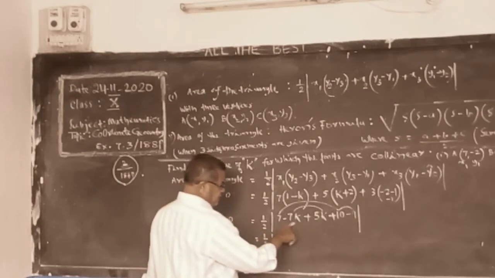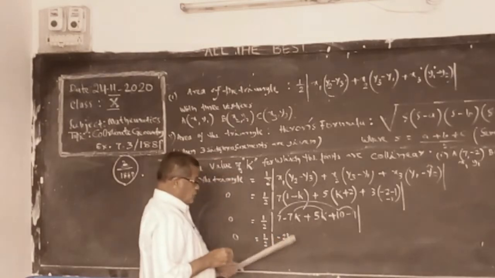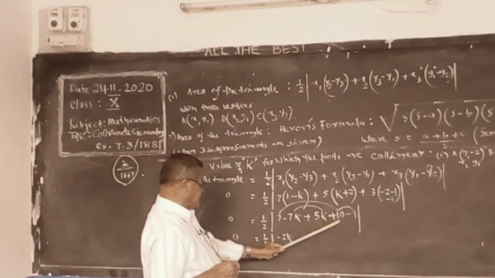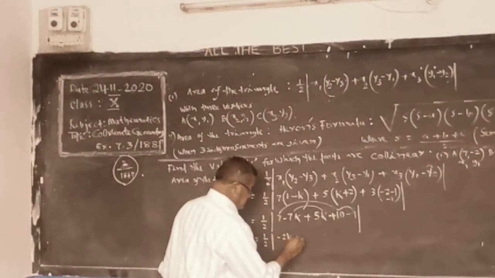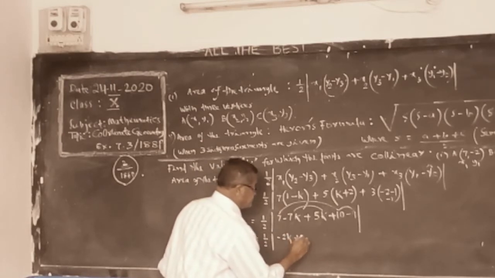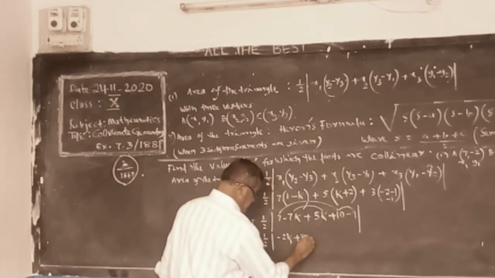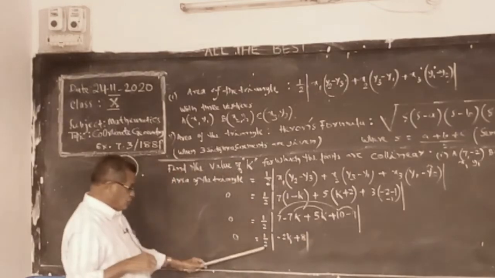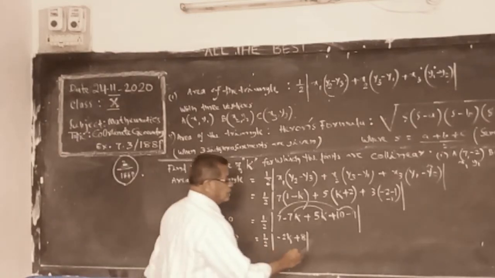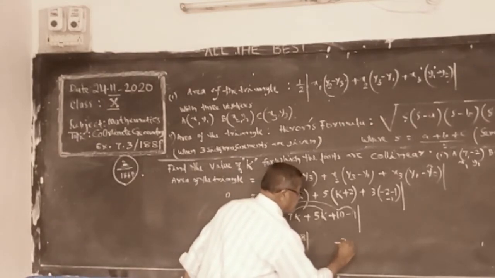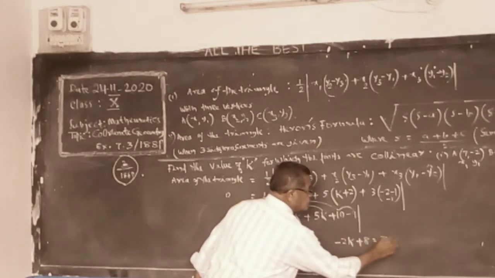Minus 7k plus 5k is minus 2k, and 7 plus 10 is 17, 17 minus 9 is 8. So minus 2k plus 8 equals 2 into 0.